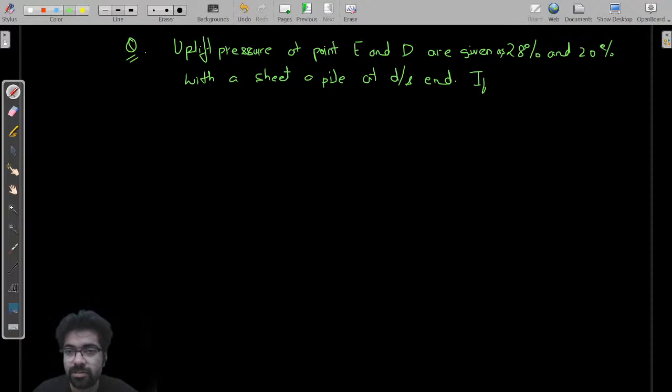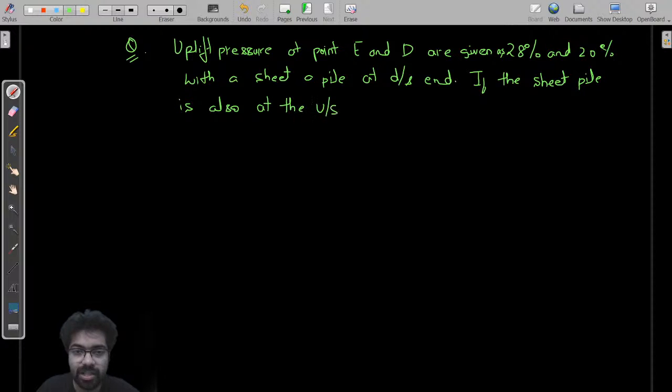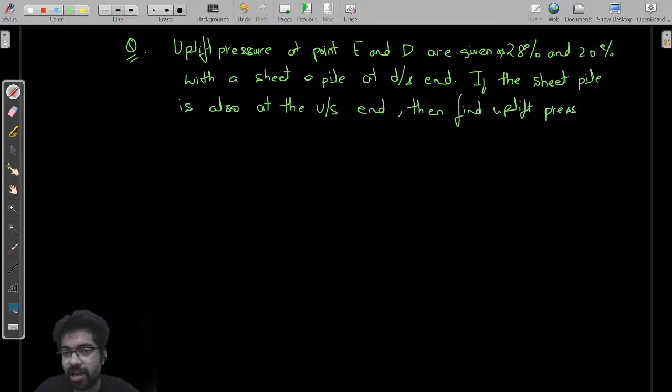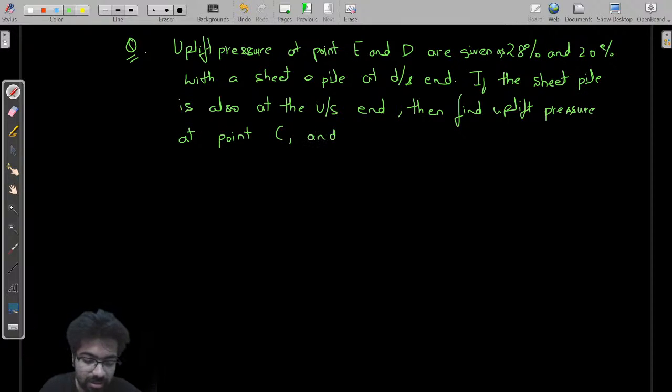If the sheet pile is also introduced at the upstream end, then find the uplift pressures at points C1 and D1.